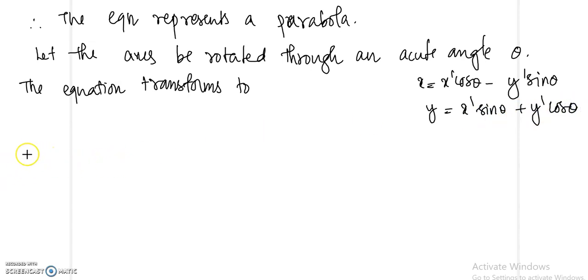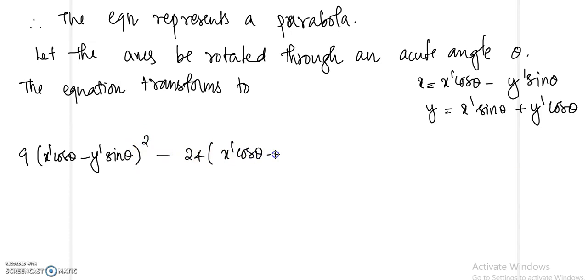So that will give us 9 into x dash cos theta minus y dash sin theta whole square, minus 24 into x dash cos theta minus y dash sin theta into x dash sin theta plus y dash cos theta.